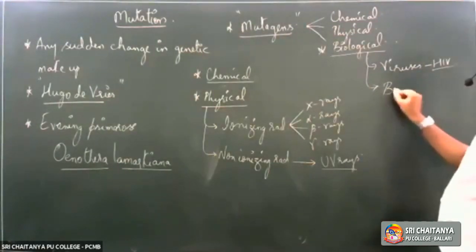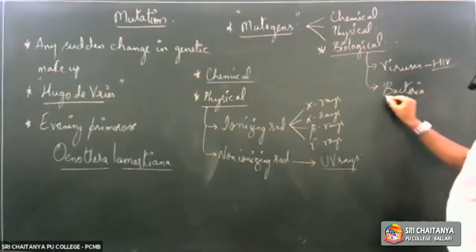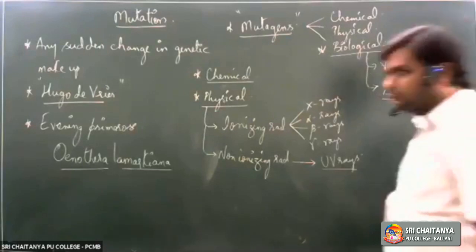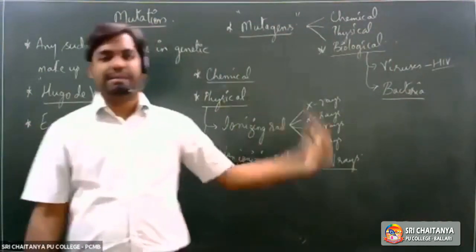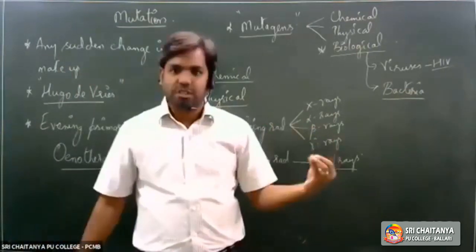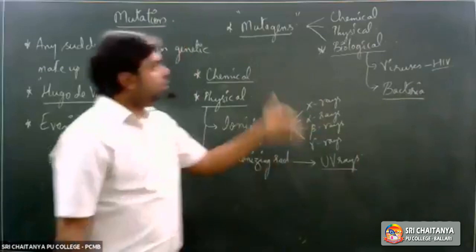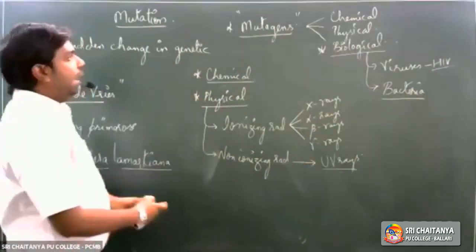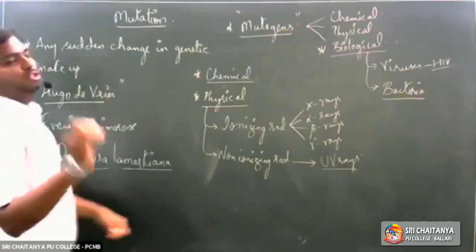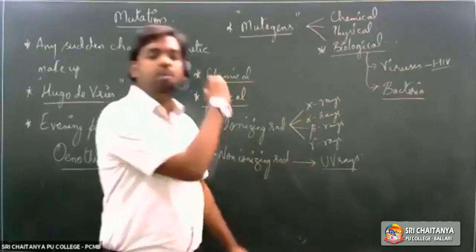Then we have certain bacteria also, right? These bacteria would also bring about some sort of damage to the DNA. They bring about DNA breaks, leading to damage in the DNA in case of humans. So those we classify under biological mutagens, right? So any substance which causes mutation in a particular organism, we call a mutagen.